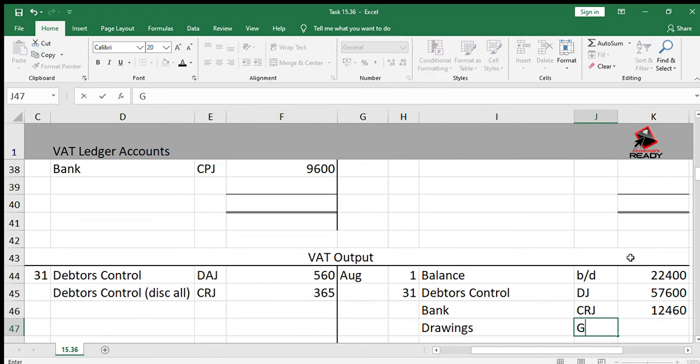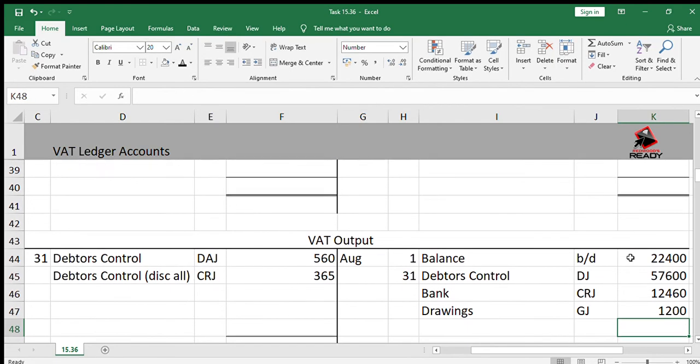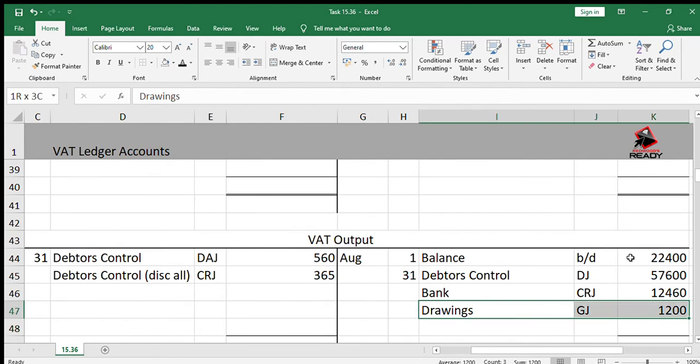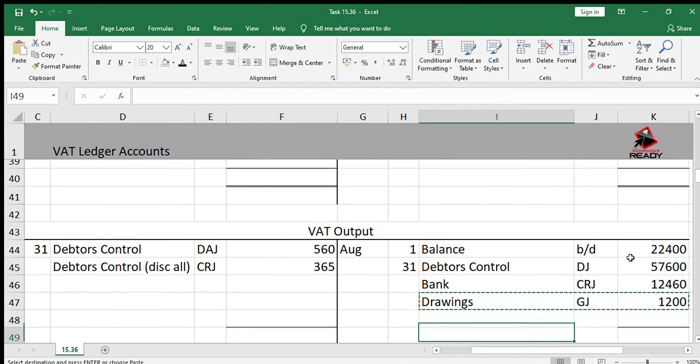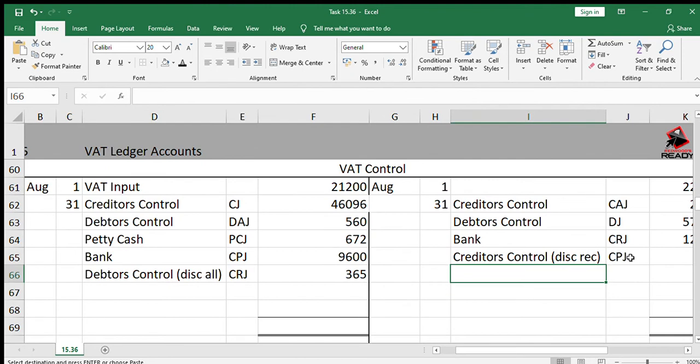This is from the General Journal. 8,000 excludes VAT, so to calculate it, we're just going to say 8,000 times 15%, 1,200. And if we were only doing the VAT control account, we would put it on the credit side of the VAT control account. So discount allowed, discount received, and drawings are things which come from the General Journal, and they require a little bit more thought than the VAT figures which come from the actual journal.